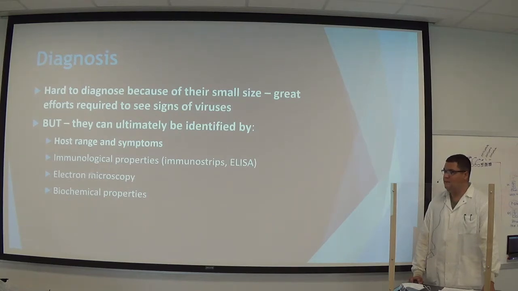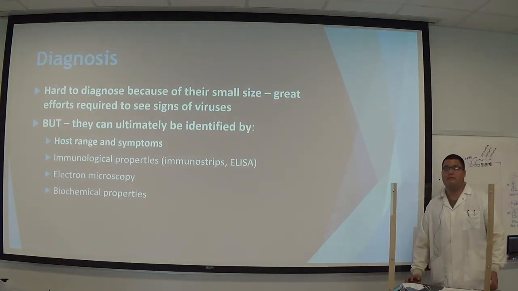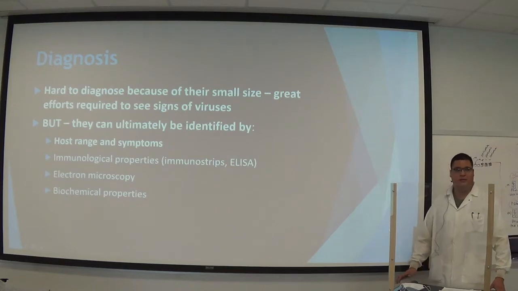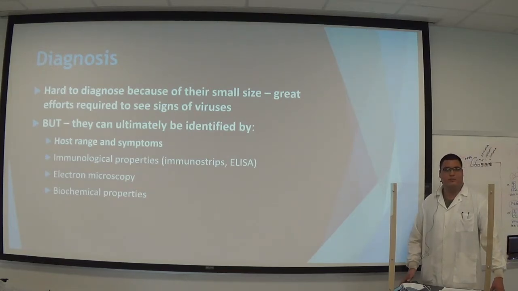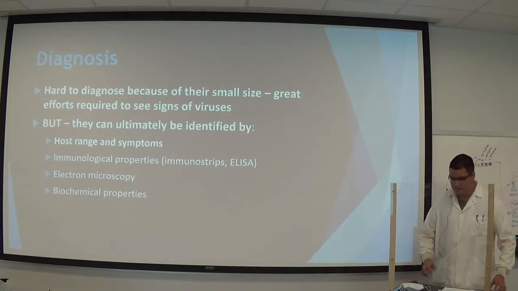Electron microscopy, which is what we saw earlier. If you can see the virus itself, that's a pretty good sign of what's causing the disease. And then there's the biochemical properties as well. This is how viruses were diagnosed early on, by seeing what temperature you could inactivate the virus at, just things of that nature.